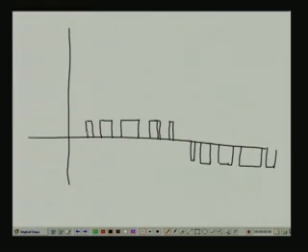If you take this sort of a wave and do Fourier analysis, then again you will find that you get a sinusoidal wave. Because these pulse widths keep varying, this is called pulse width modulation.